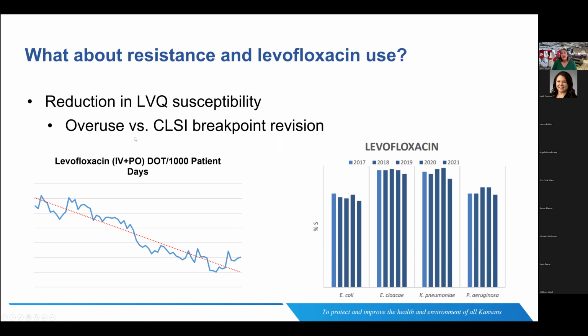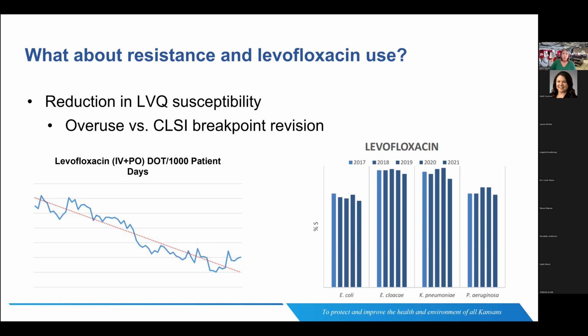Okay, and then we promised to bring in a little bit of discussion about resistance in the setting of antimicrobial use as well. These two graphs show, on the left, our overall levofloxacin days of therapy, and on the right, our levofloxacin percent susceptible based on the antibiogram for a variety of different years.